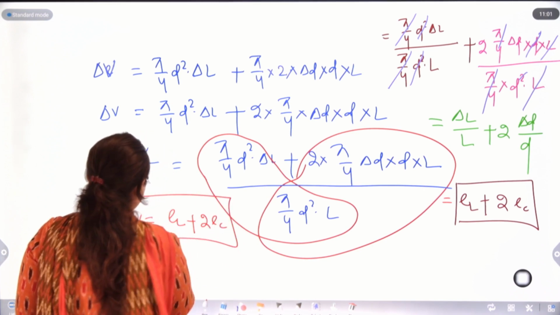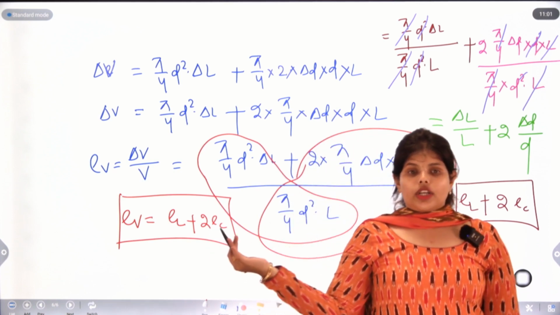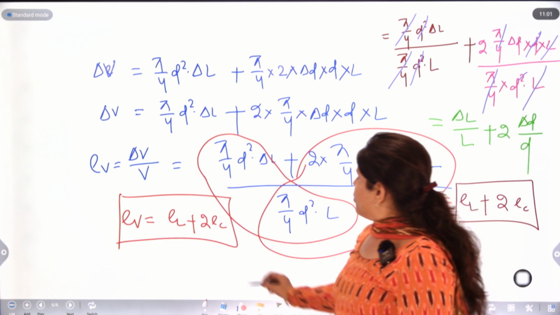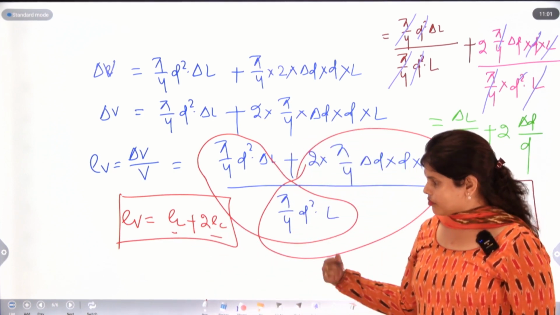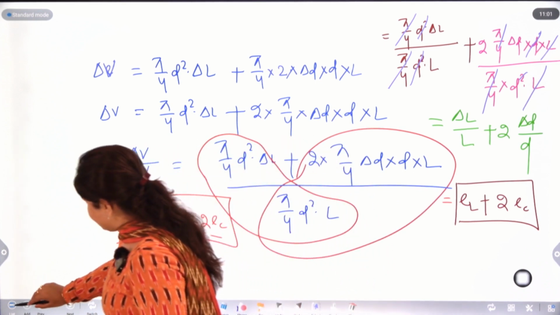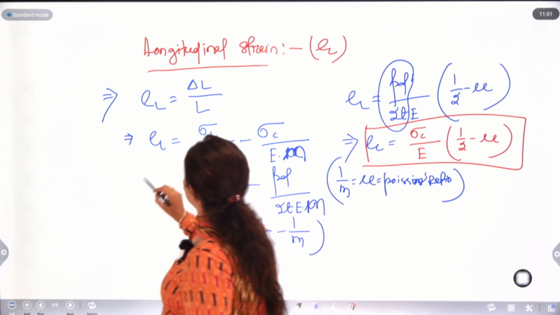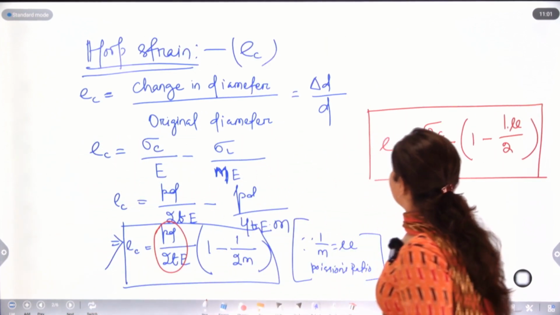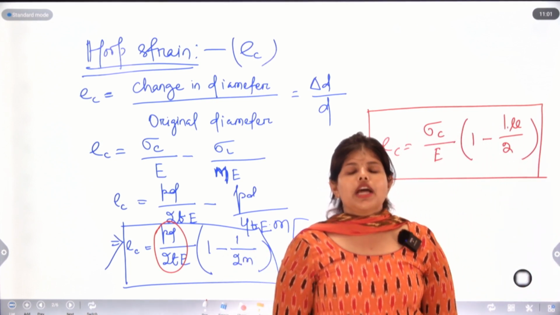What are those EV, EL, EC? EV is volumetric strain, EL is your longitudinal strain, EC is your circumferential strain. We have found out EL and EC. In this class we have derived longitudinal strain; previously we calculated our hoop strain, longitudinal strain and volumetric strain.